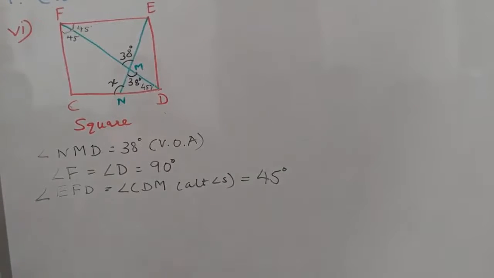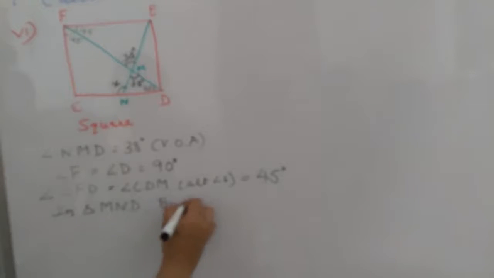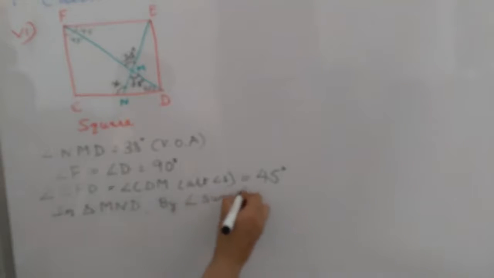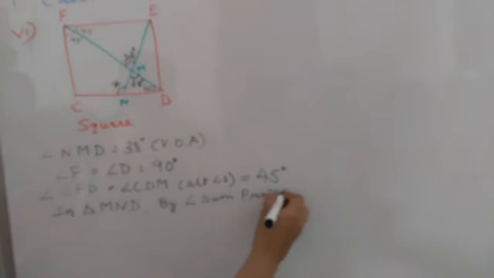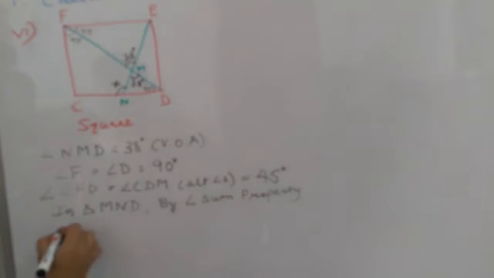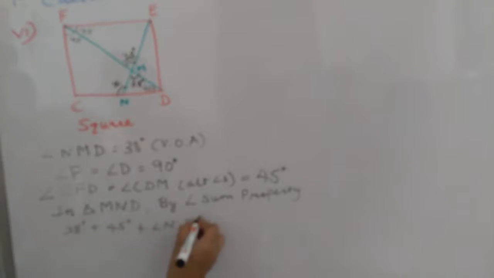And now in triangle NMD, the smaller triangle, we use the angle sum property. By angle sum property, we write 38 degrees plus 45 degrees plus angle N is equal to 180 degrees.